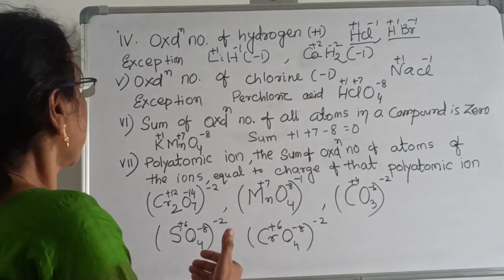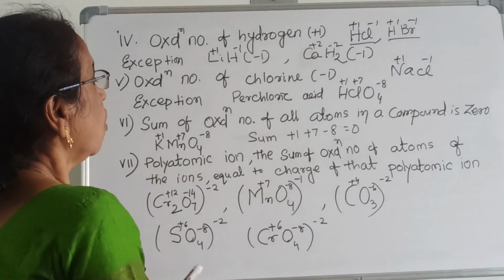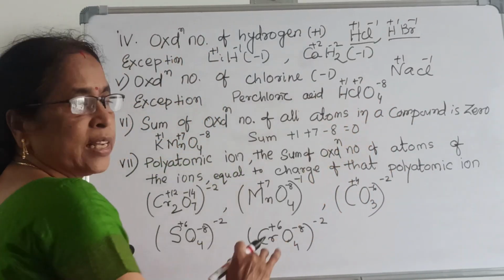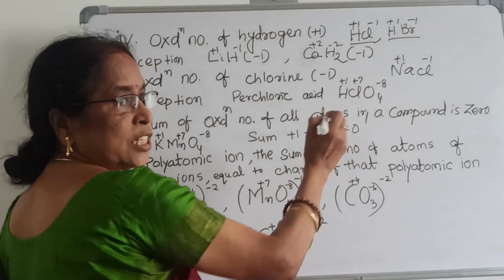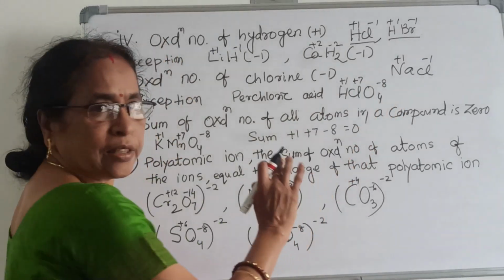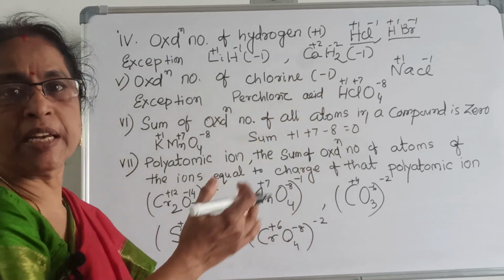How can you count that this is plus 7, this is plus 1, and minus 8? There is a rule. What is that rule? The sum of all the oxidation numbers of all the atoms in a compound should be 0. Since it is a compound, you can find the oxidation number of chlorine. Oxygen is minus 2, so minus 2 times 4 is minus 8, hydrogen is plus 1, and what remains is chlorine.